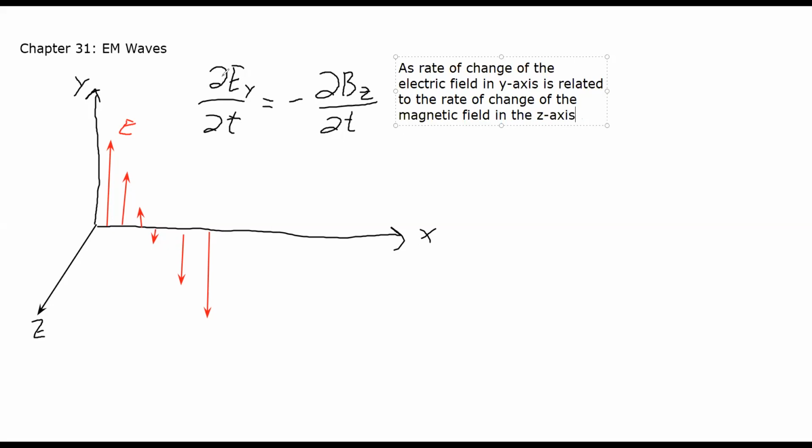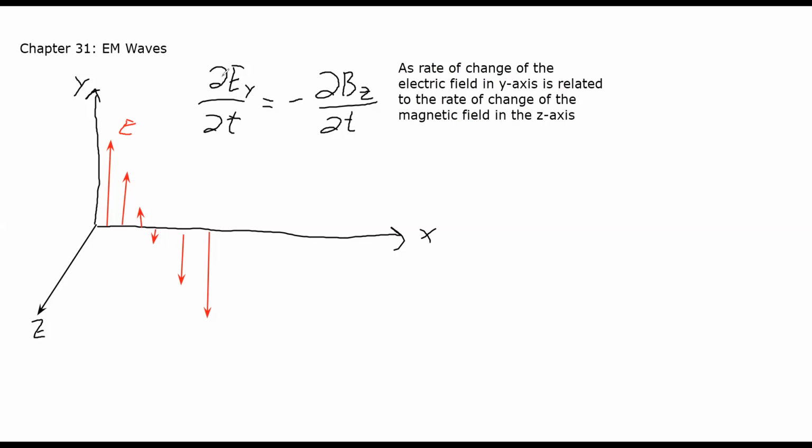Just in opposite directions, right? You have that negative in front. So as E increases its rate of change, B, the magnetic field, is also going to increase its rate of change. That's one key takeaway there, that the rates of change are related to each other.